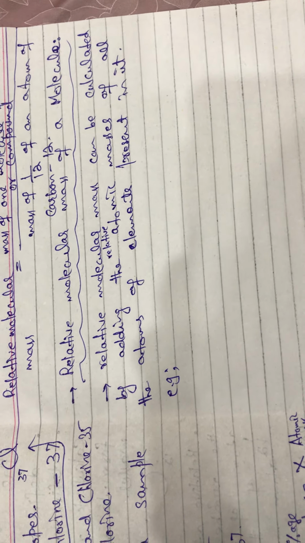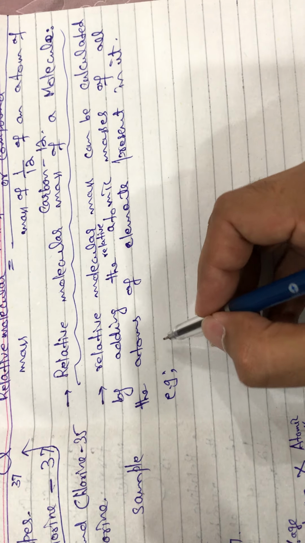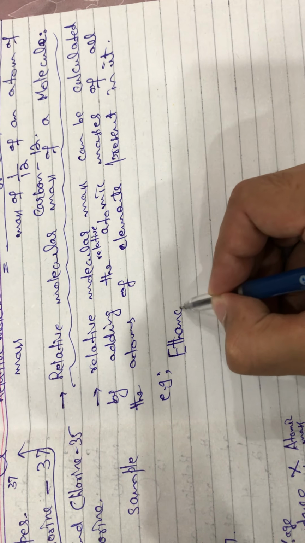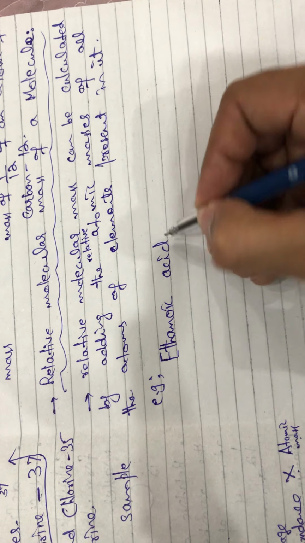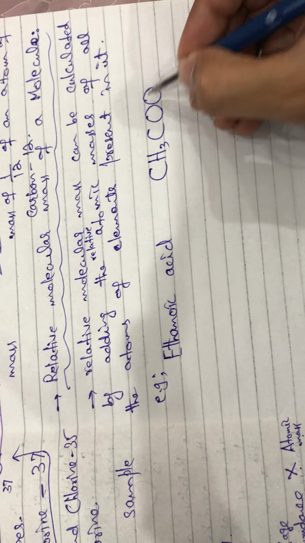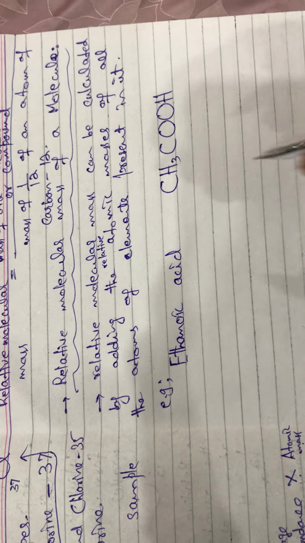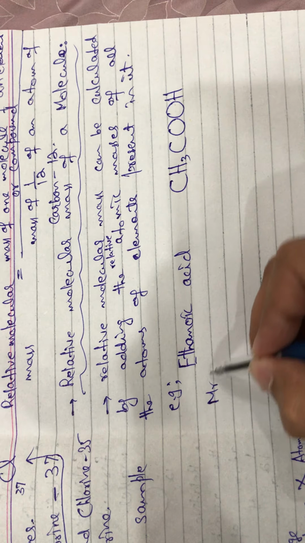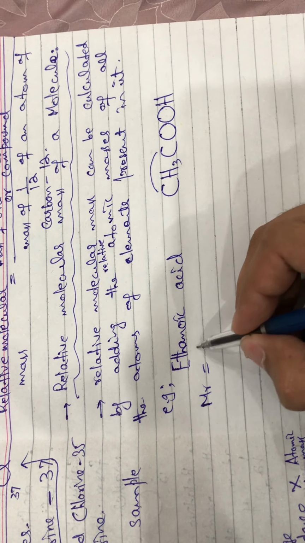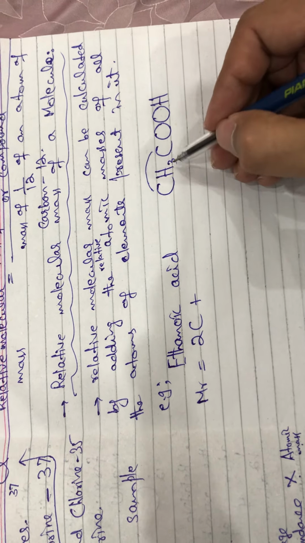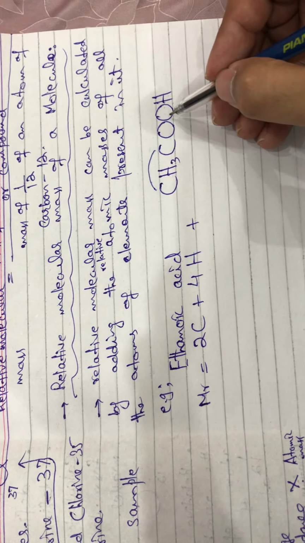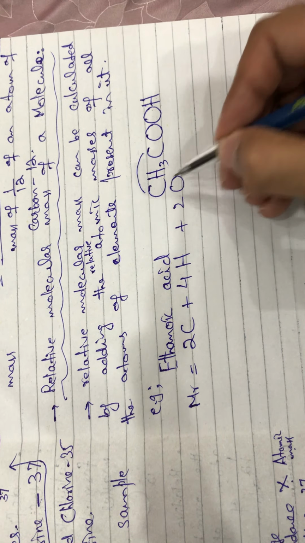For example, if we take ethanoic acid, which is CH3COOH, its Mr will be equal to the sum of atomic masses of all the elements. How many carbon atoms do we have? 2 carbon atoms. How many hydrogen atoms? 4 hydrogen atoms. And how many oxygen atoms? 2 oxygen atoms.